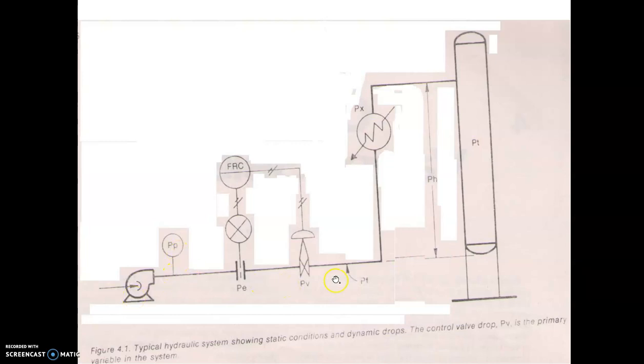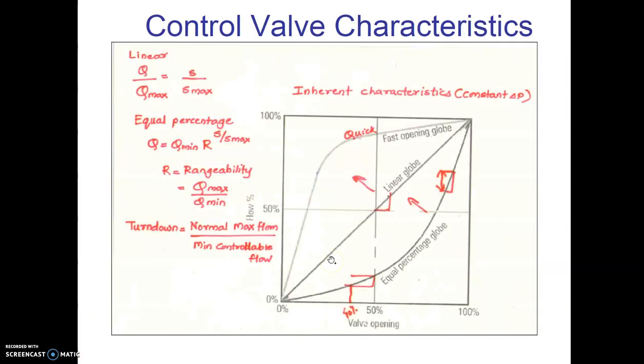So as the flow increases, the frictional losses will increase, the pressure drop across this control valve will decrease, and that will decrease the driving force, and so the flow characteristics, they change. Now when the pressure drop is not constant across the control valve, then equal percentage starts behaving like linear, and linear starts behaving like quick open.